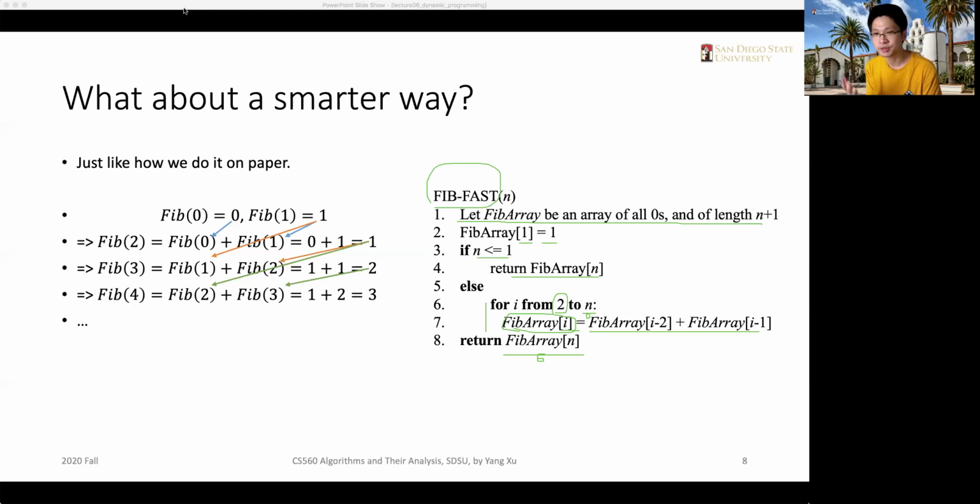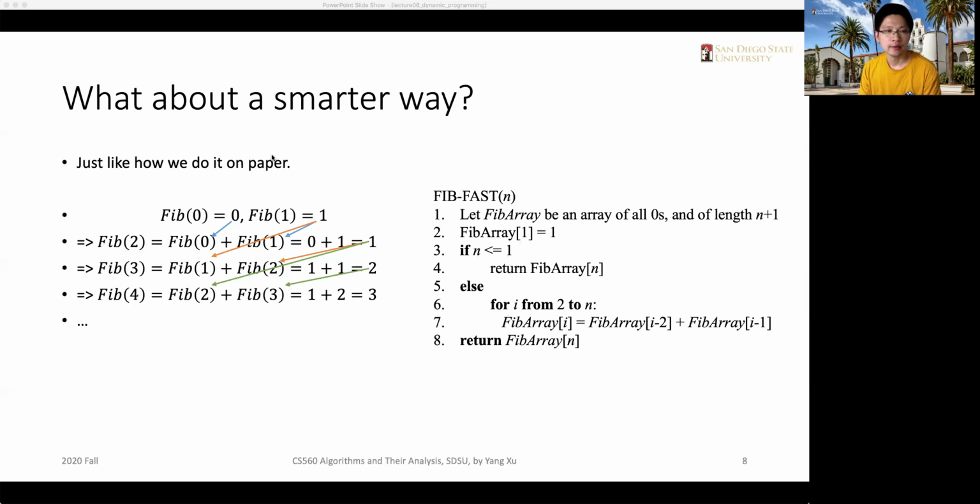Honestly, the human mind doesn't have the capacity to think recursively. Recursive thinking is, I would say, not instinctive, or a bit anti-human, because we don't have the innate ability to do recursive calls to solve problems. Okay.